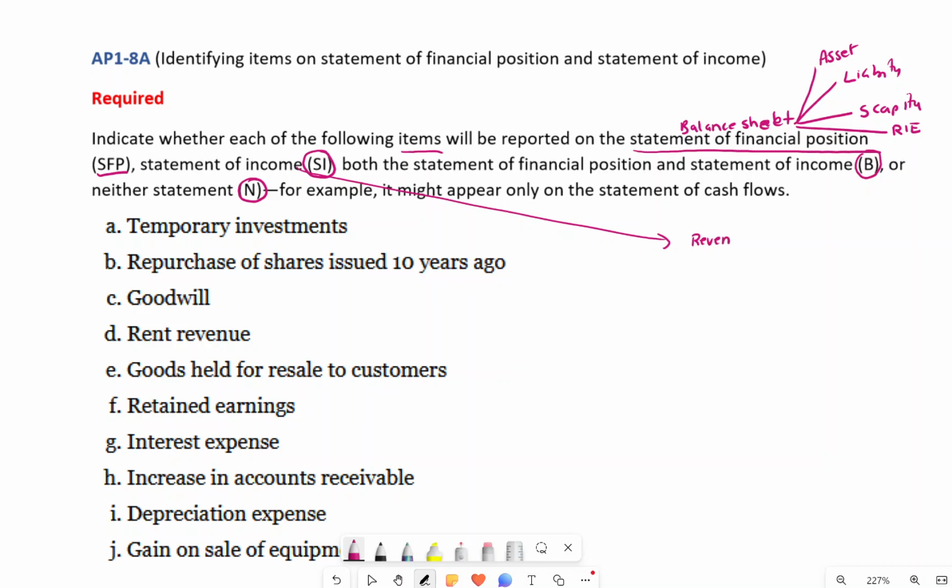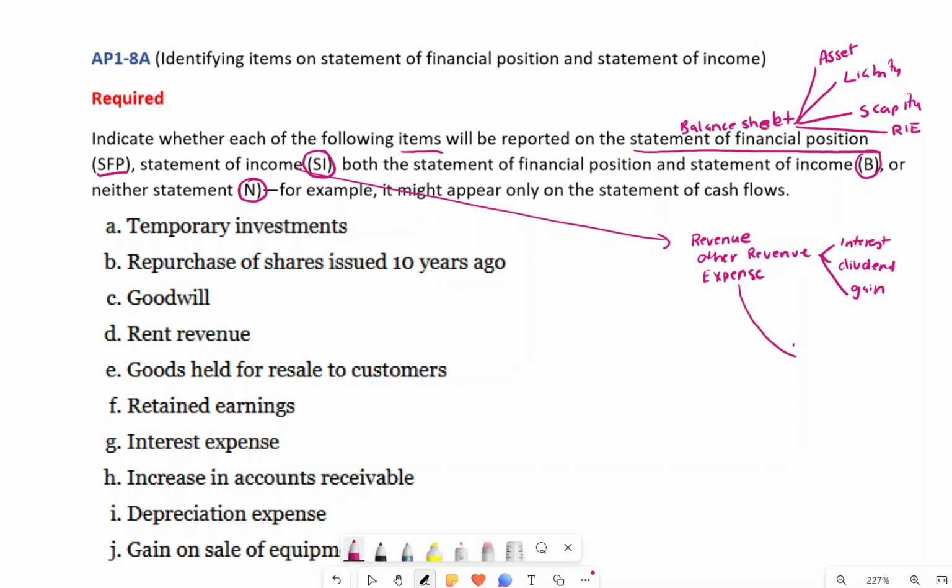When I think of a statement of income, you have your revenue accounts and your expense accounts. When we think of revenue accounts, we also have other revenues. When you think of other revenue or other income, we think of interest income, dividend income, and any gain on an asset will go there.